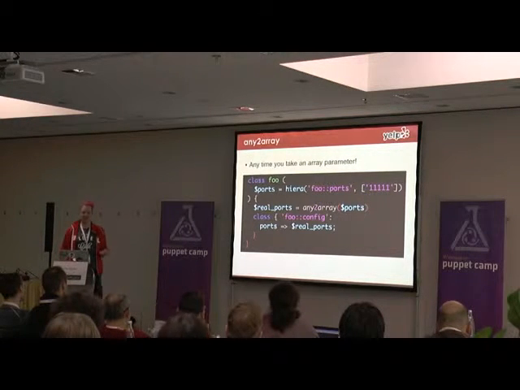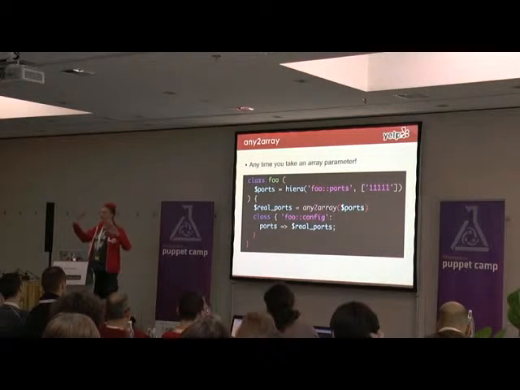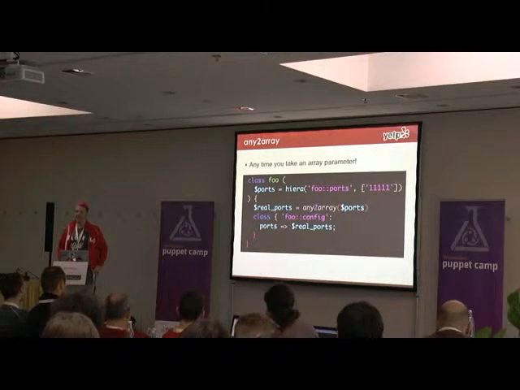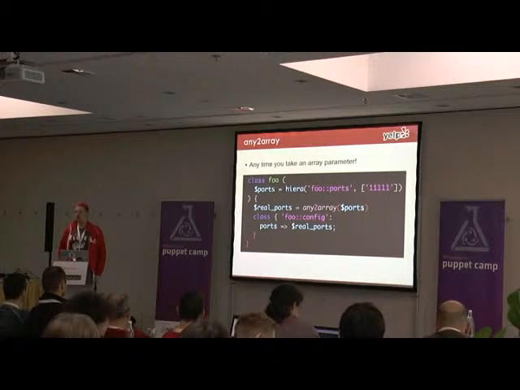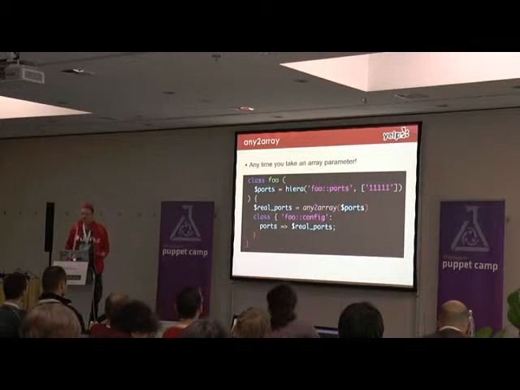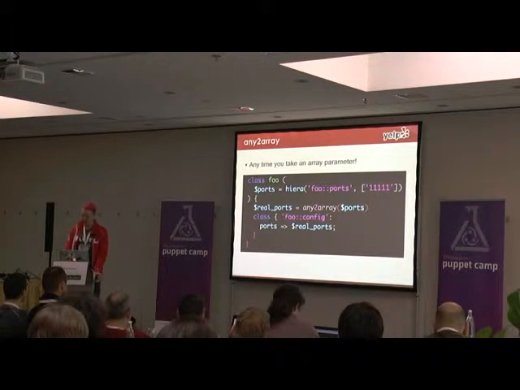If I have a web server module and it has ports, I want to be able to just pass port arrow 80 and have that work. I want to be able to pass port arrow brackets 8443, have that work too. Because otherwise I'm going to get this wrong and cry and have to open your code and work out what you did. And it's really simple to do, so why would you not do that to avoid people crying?